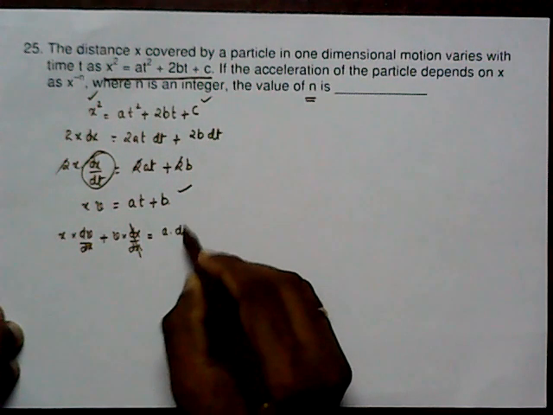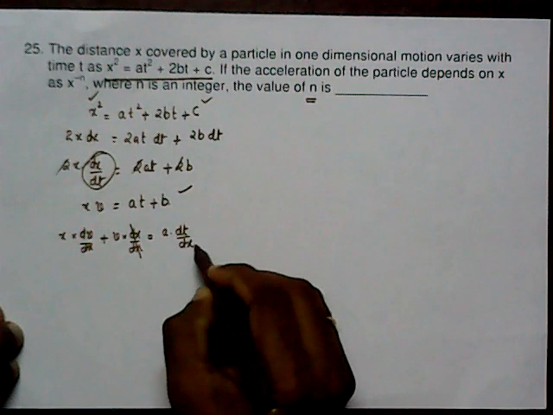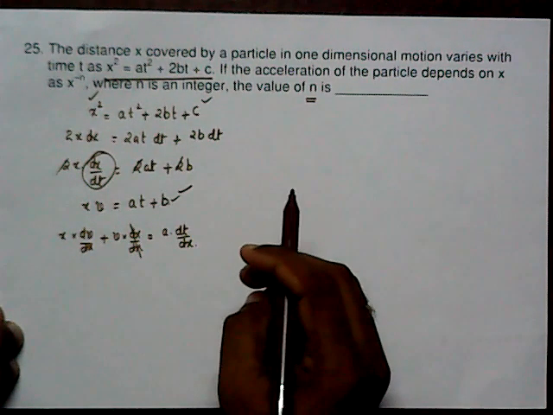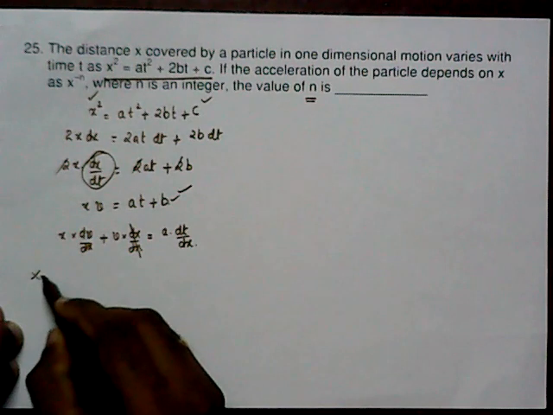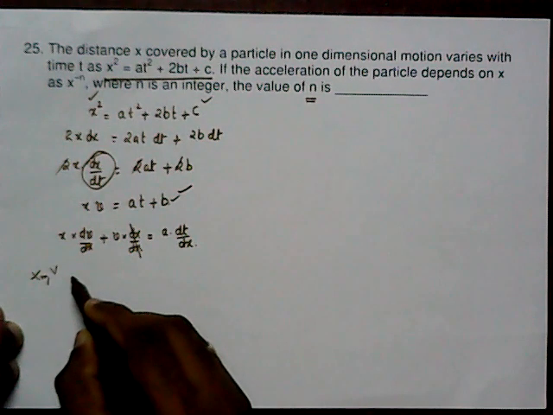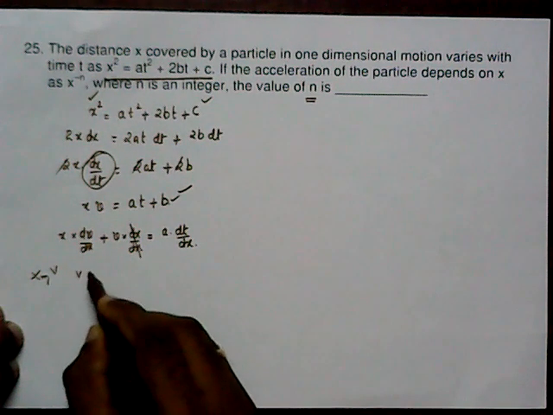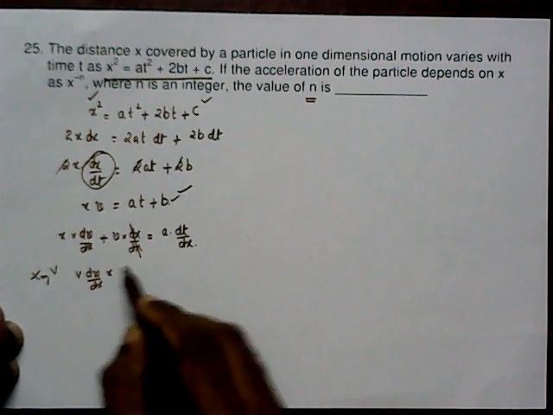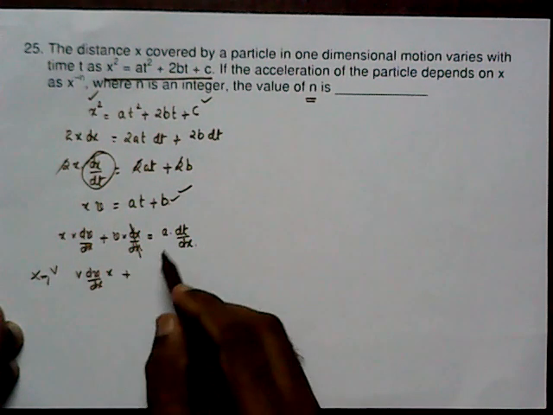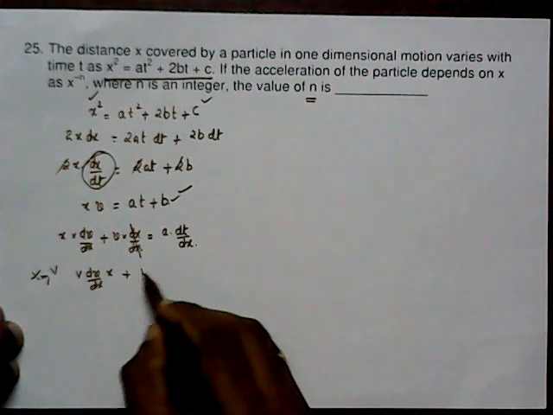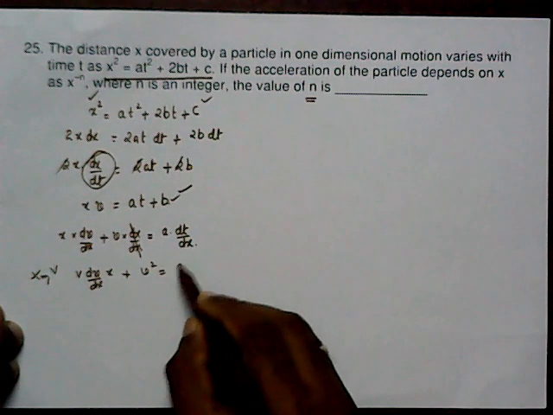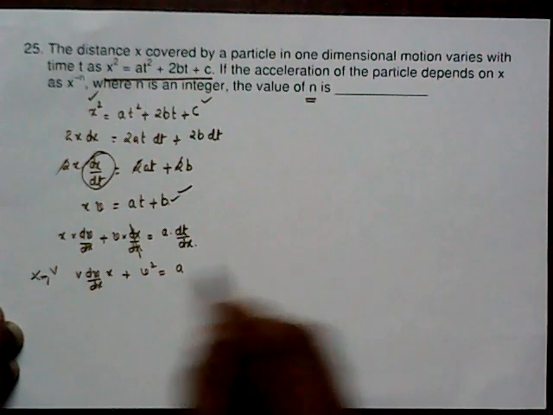So here b becomes 0. Suppose we multiply by v. So you get v dv by dx into x plus v square equal to, here dx by dt becomes v, and hence that v cancels. We get the value as a.